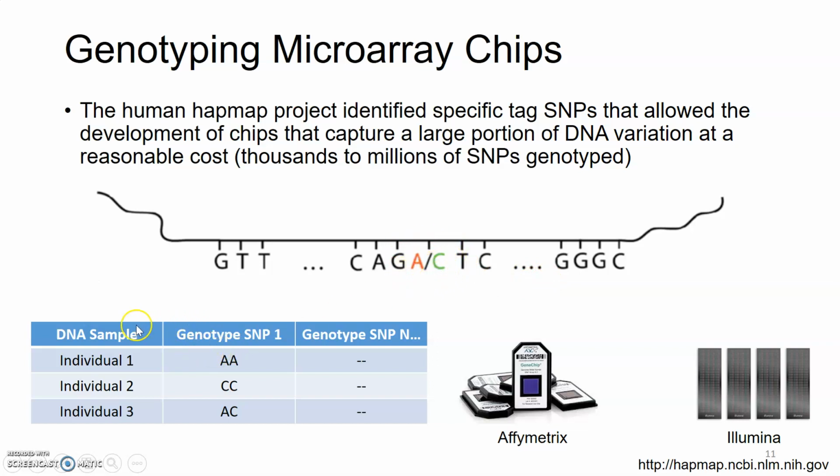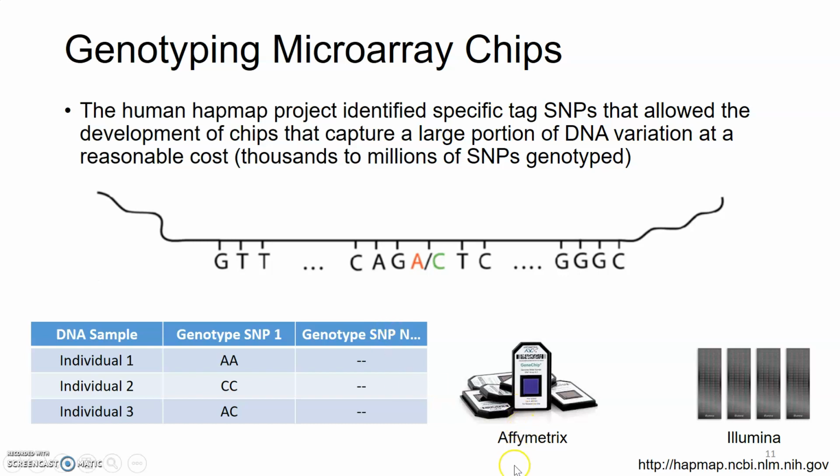When we start measuring it in a number of individuals, we have one individual that's homozygous for the A allele, one individual who's homozygous for the C allele, and one individual who is heterozygous. So here's SNP1. We do this for hundreds of thousands to potentially millions of SNPs across our genome.